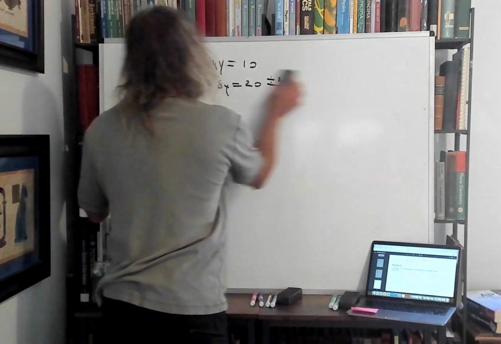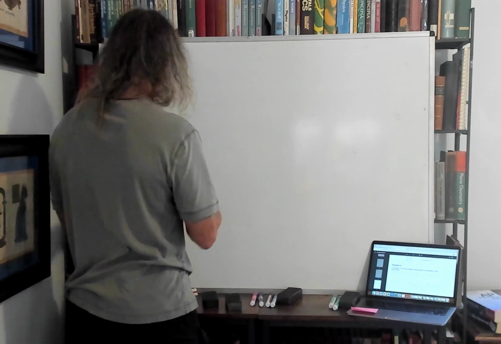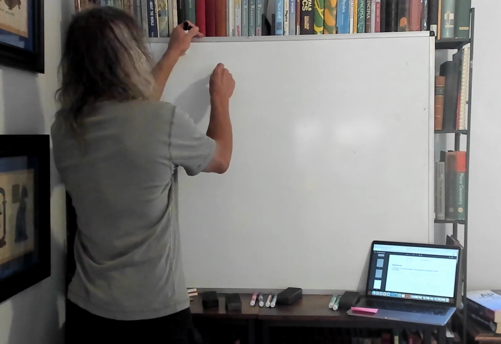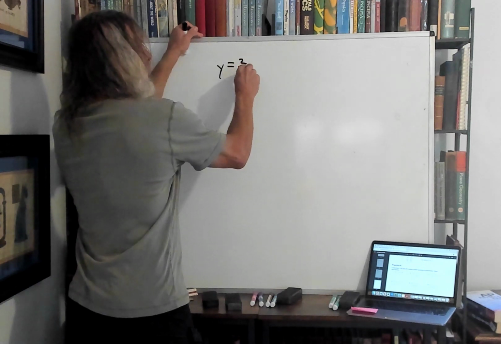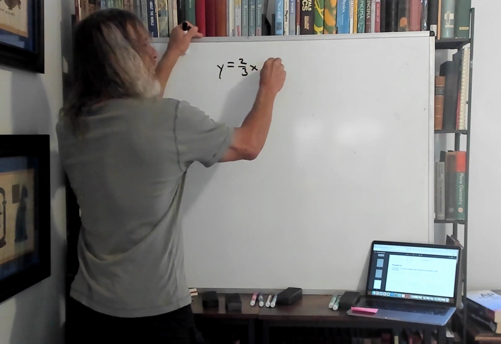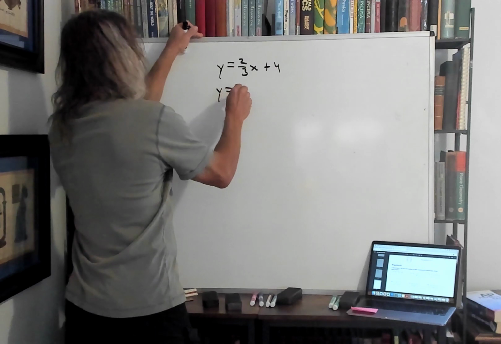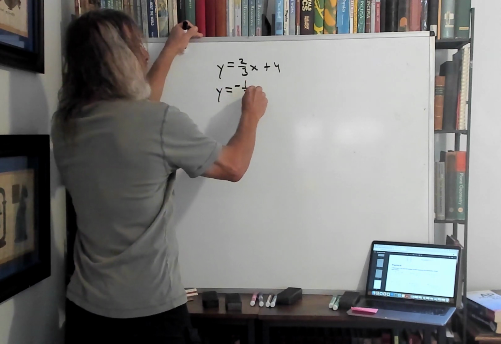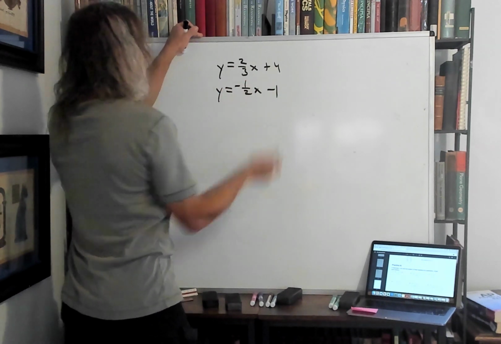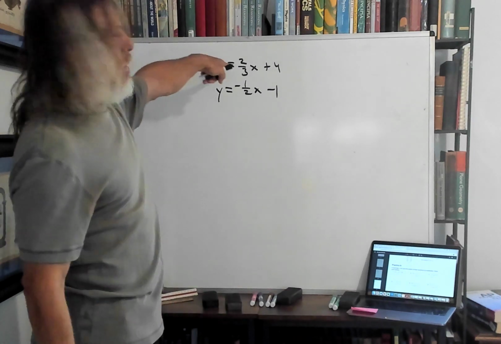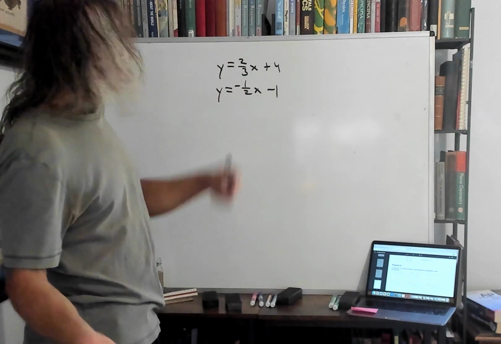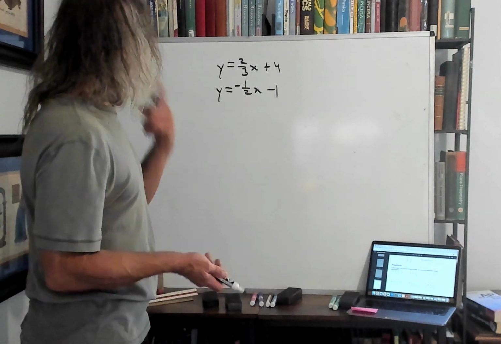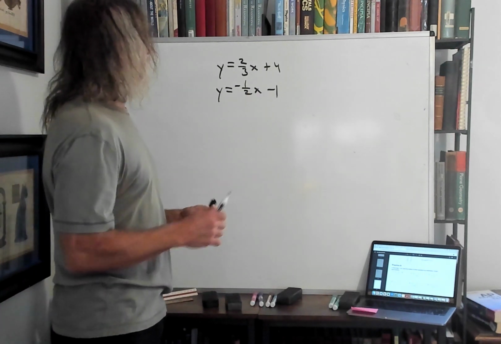So if we have y equals 2/3 x plus 4 and y equals negative 1/2 x minus 1, when the slopes and y-intercepts are different, then we're going to have a solution. We can graph it and figure it out or solve it in some other way.